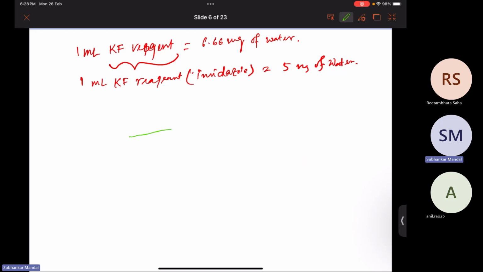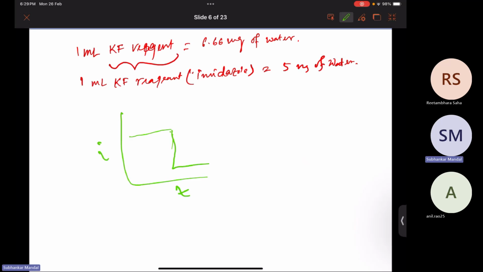When the end point comes, the current value becomes zero. So when the current is zero, you can tell the end point is reached, and then you can calculate how much Karl Fischer reagent is consumed, and from there how much water is in your compound.